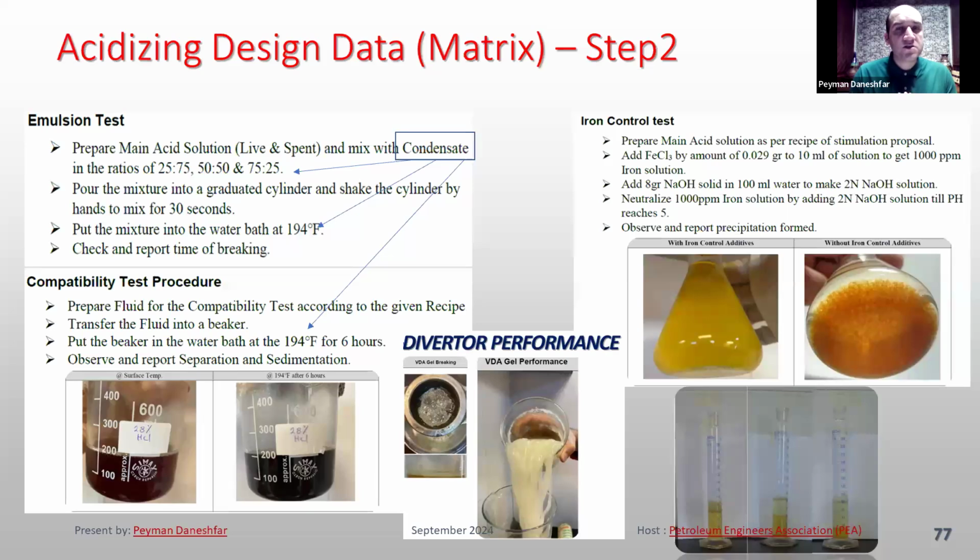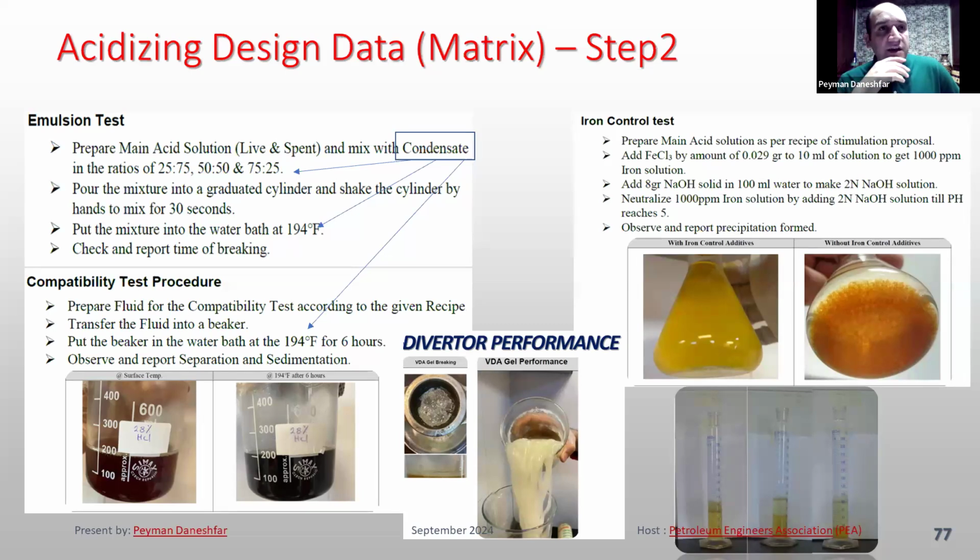We prepare a main acid solution as per the recipe our laboratory gives us, add Fe chloride 3 by an amount of this gram to 10 milli of solution to get a 1000 ppm iron solution.